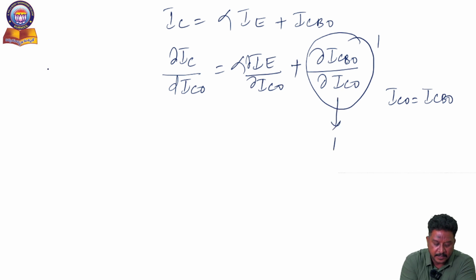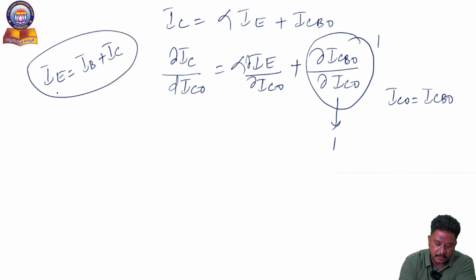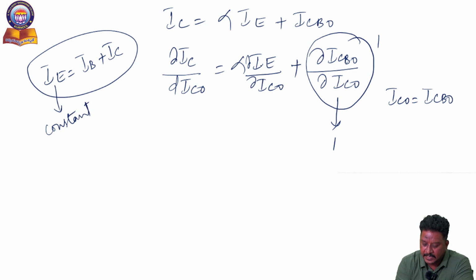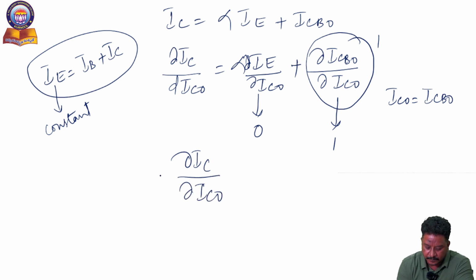In the transistor equation IE equals IB plus IC, we conclude that IE is constant. It is a fixed value, so differentiating the constant gives 0. Then differentiating IC with respect to ICO is nothing but the stability factor, and this stability factor is equal to 1.